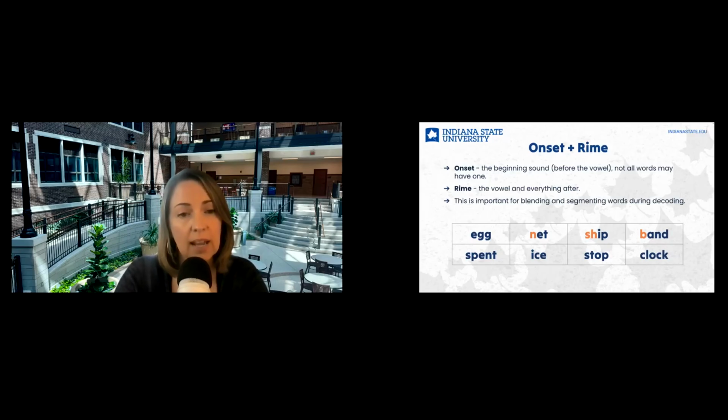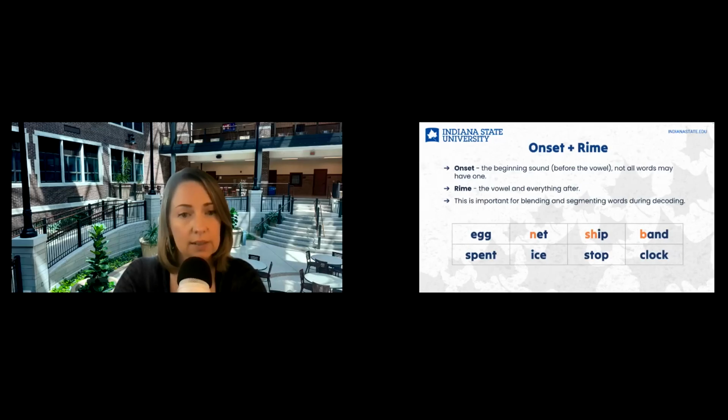For ship, SH is a consonant digraph, two letters that make one sound. So sh is the onset, ip is the rhyme. So when we're blending and decoding this word, we would teach students to say sh, ip in order to put it together. And spent: sp is the onset, ent is the rhyme. Ice is just a rhyme, ice.